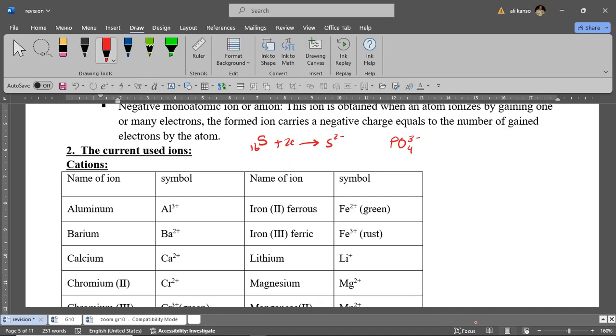An ionic compound is any compound that is formed of oppositely charged ions, a cation and an anion. This is called an ionic compound.